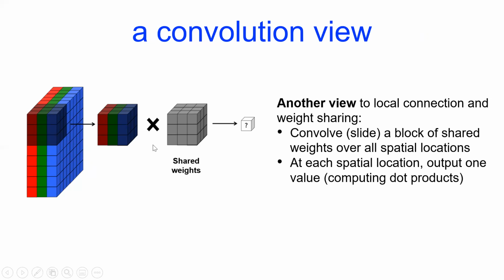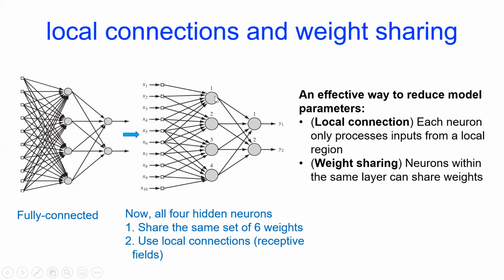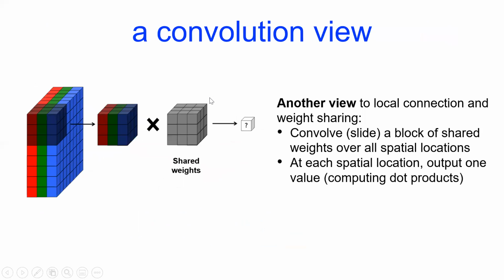Think about it. Each neuron only takes care of local inputs, and those neurons share the same set of weights. So think of those shared weights as a block.